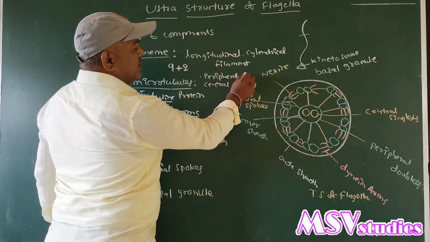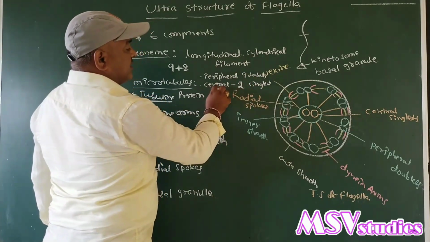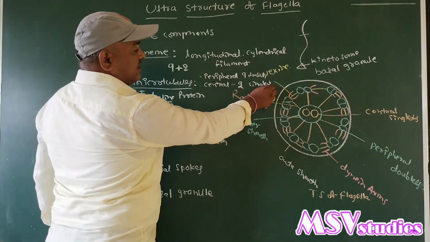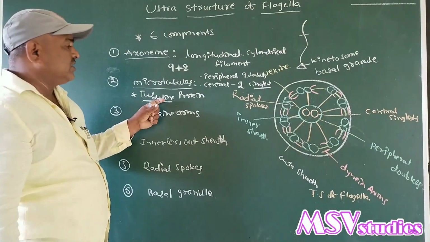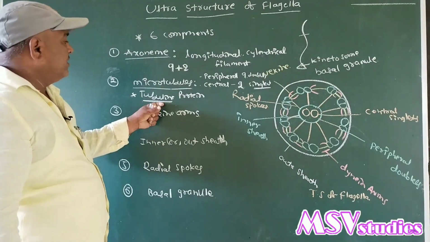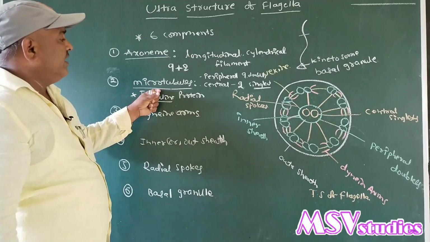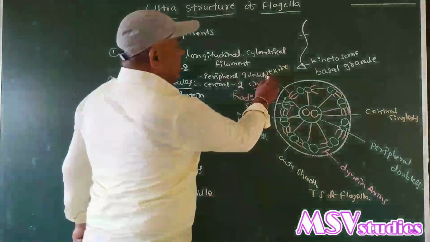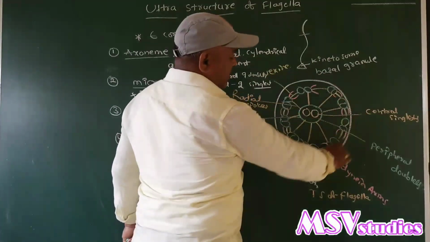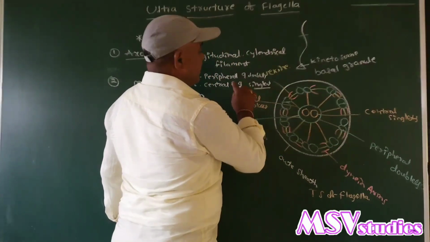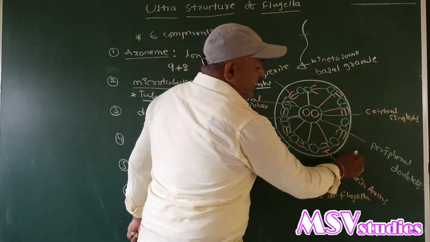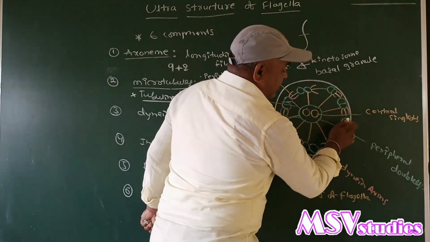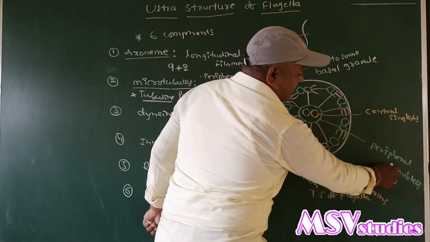Peripheral microtubules are 9 pairs. Central singlets are 1 pair, it is a singlet. These microtubules are arranged in the peripheral region of the flagella. They are called peripheral microtubules. They are 9, and they are also called doublets.